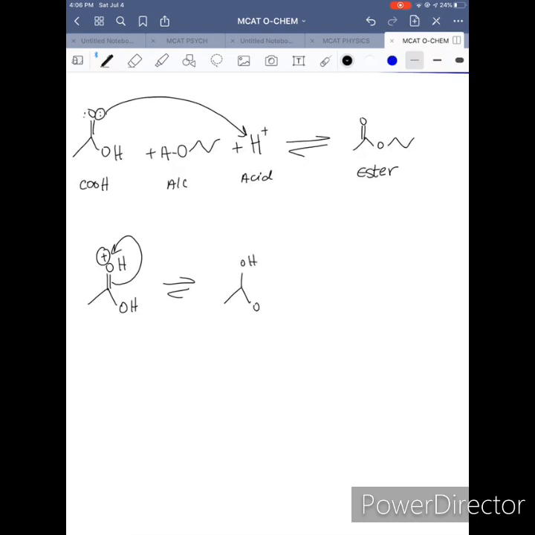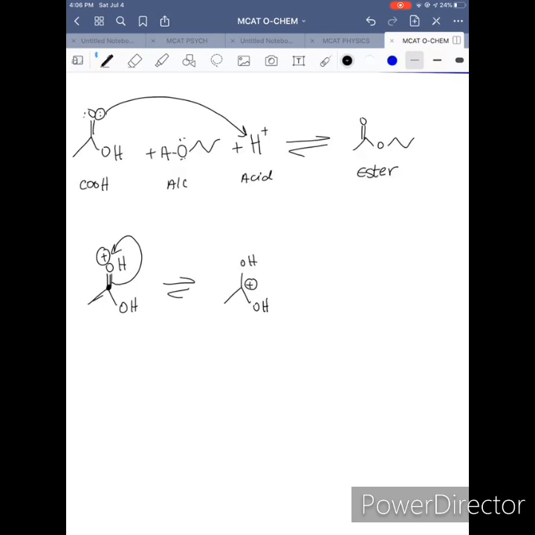So you're going to have two hydroxyl groups, but you're also going to have a carbocation, right? There's a carbocation right there because there used to be a double bond around this carbon, so it used to have 1, 2, 3, 4 bonds, and now it only has 3.